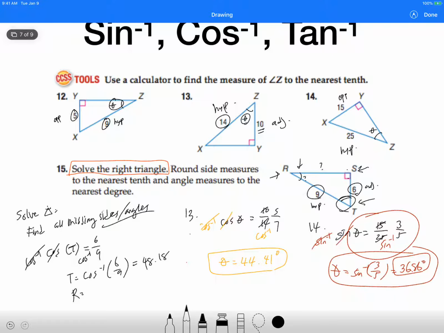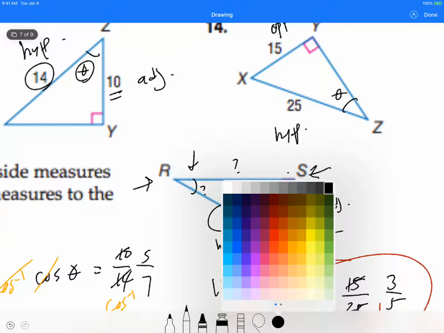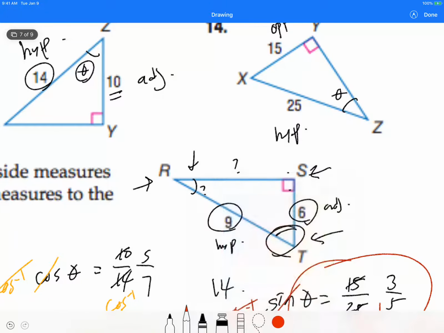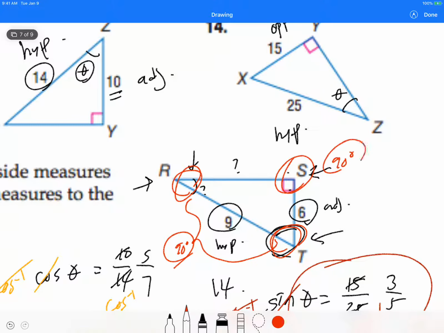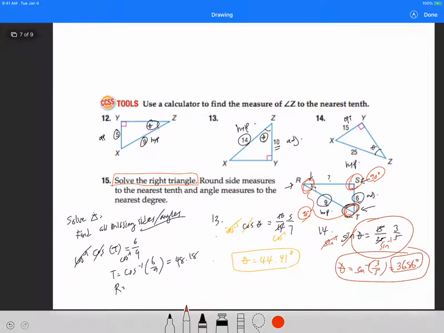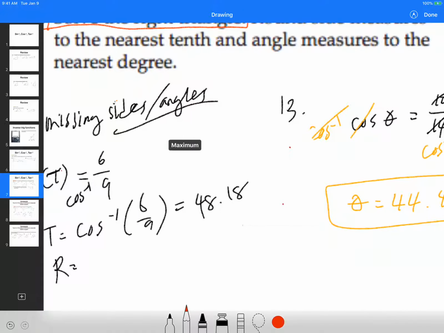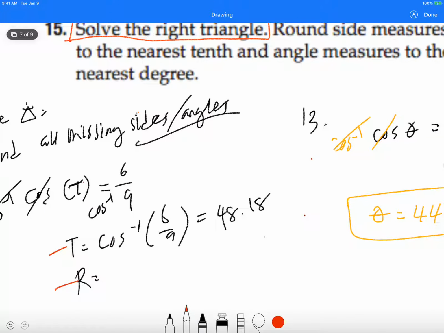Now, that means I know what my angle R is right here. See, this is already angle S right here. I'm going to use a different color. Let's use red. Angle S is already 90 degrees, which means the rest of the angle T and R, they have to combine together to give you 90 degrees because 90 plus 90 is 180 degrees. So what we say is that T and R are actually complementary angles.